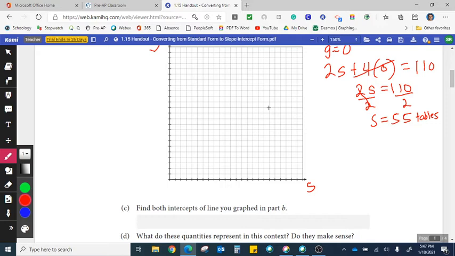Let's go 5, 10, 15, 20. That doesn't work. Let me just go by 10s, writing every 2 squares as 10.